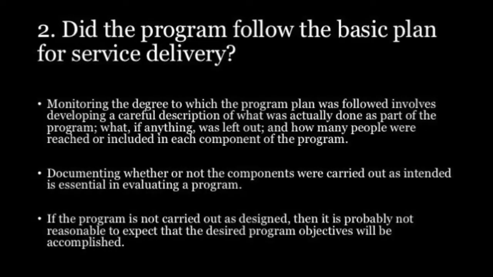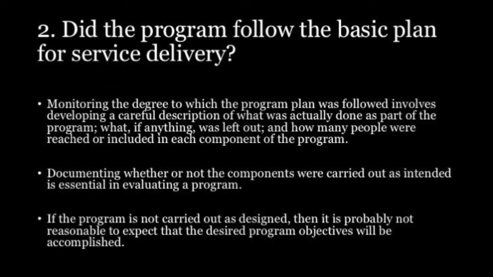So in this second question, when you want to monitor the degree to which the program plan was followed, you need to describe what actually was done for the program, right? What was left out, how many people were reached, how many people were not reached. And this comes from administrative data.